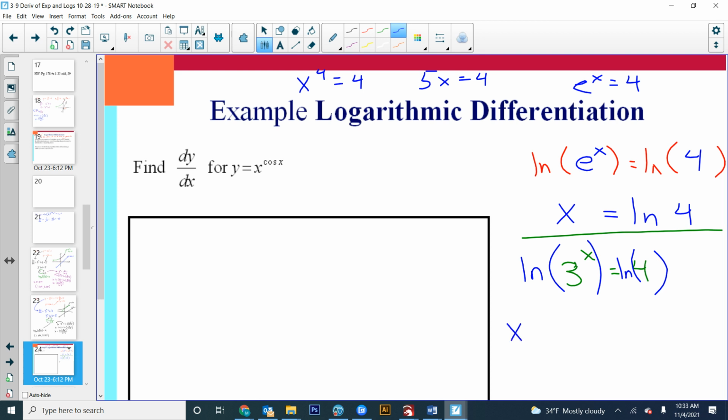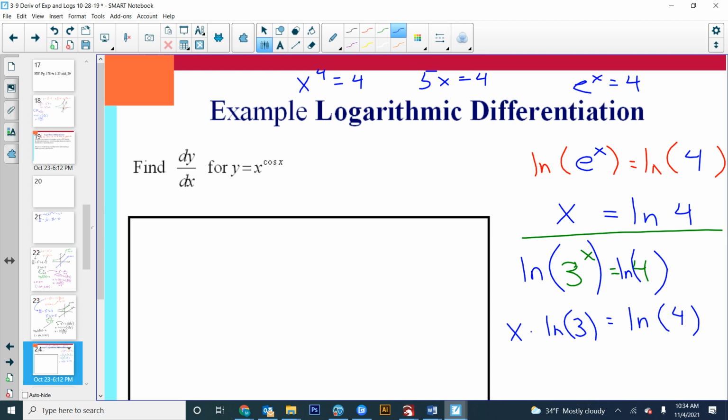So wait a minute. This is now x times ln 3. ln'ing an exponential function brings the exponent out of the exponent. But what happened here? X times ln e, well, ln e is just 1. ln 3 is not 1. So now we have to do one more step to get x by itself.